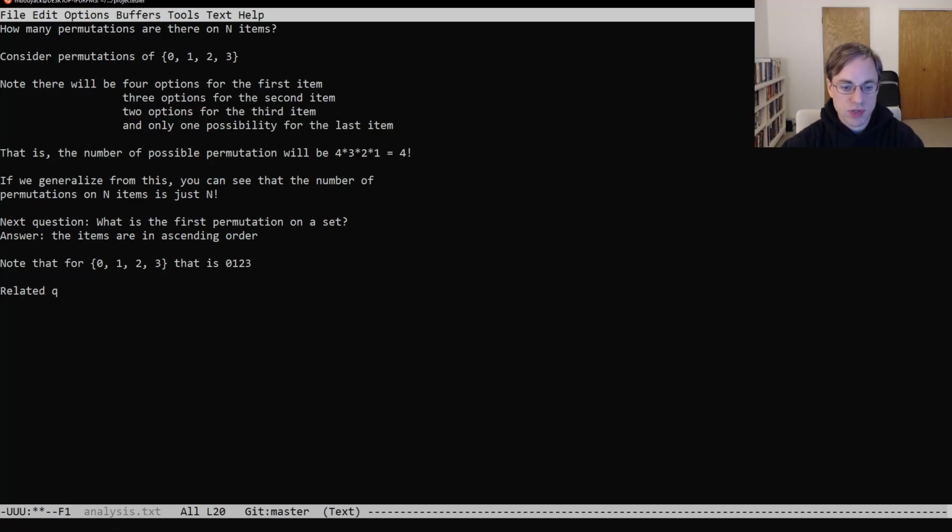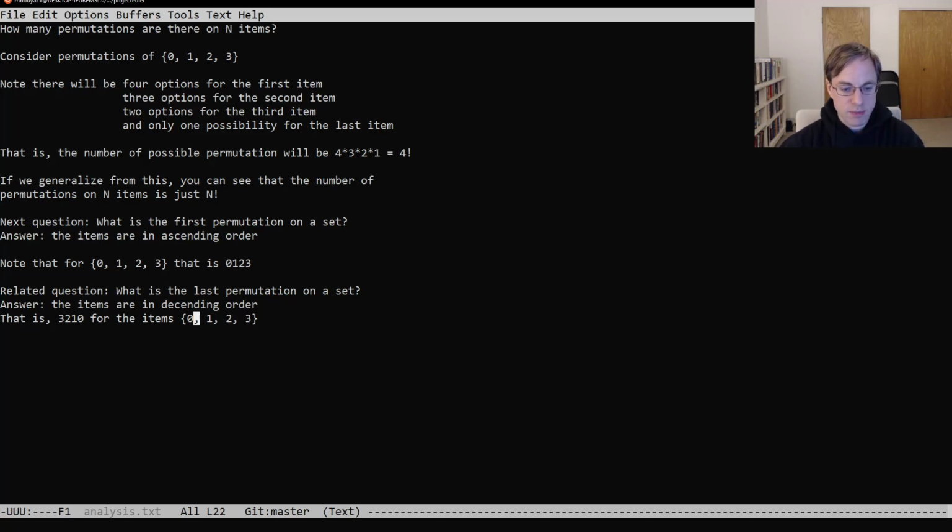And a related question: what is the last permutation on a set? And you might guess it. It's just going to be the items in descending order. That is, 3, 2, 1, 0 for the items 0, 1, 2, 3.